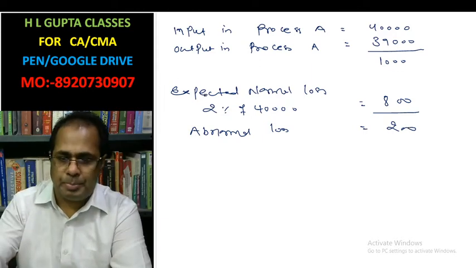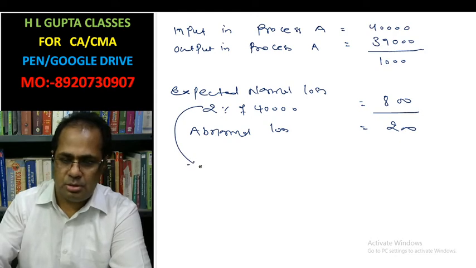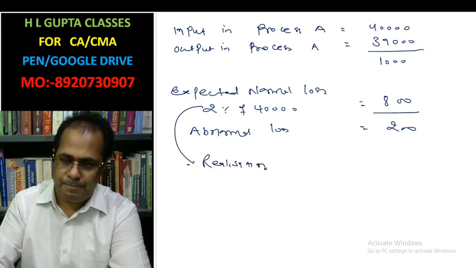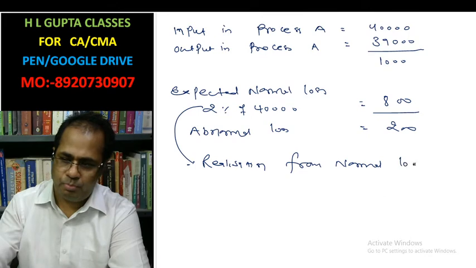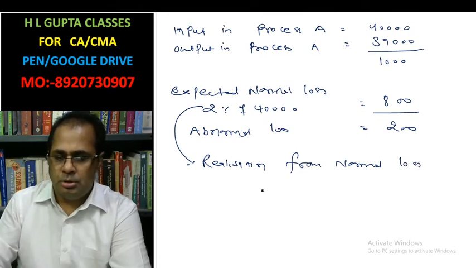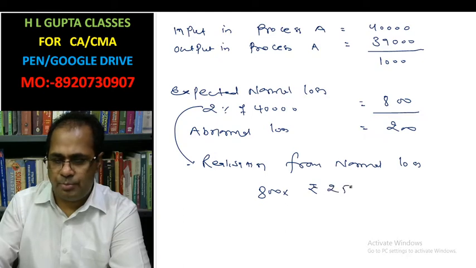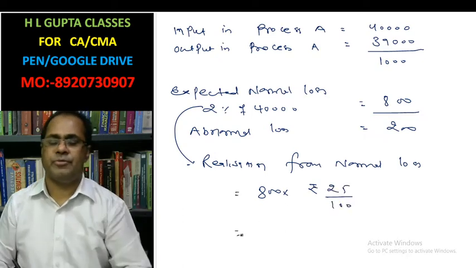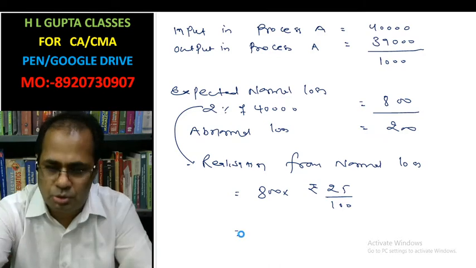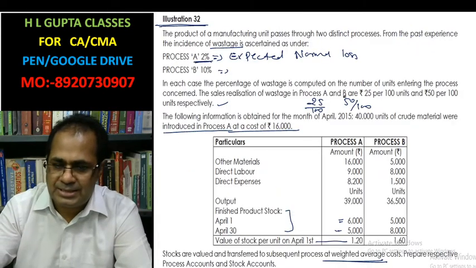Now the realization from normal loss: 800 units at 25 rupees for 100 units. This is given in the question, the realization from A is 25 rupees for 100.